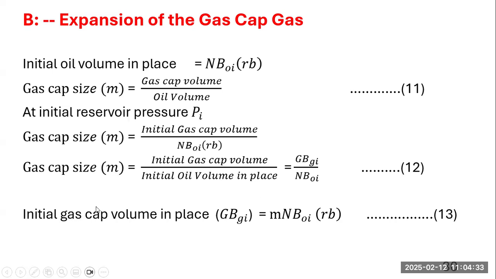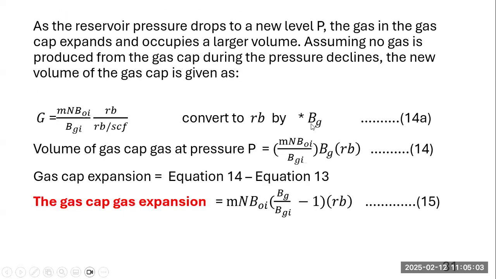So you have your initial gas cap volume equals M N BOI in reservoir barrels. Okay, remember this is dimensionless, your M and your NBOI. You can check the previous slide from where we estimated our NBOI from our A. Okay, so this is your initial oil volume, N BOI, multiplied by your M from this relationship, in reservoir barrels. Okay, so let's go on.